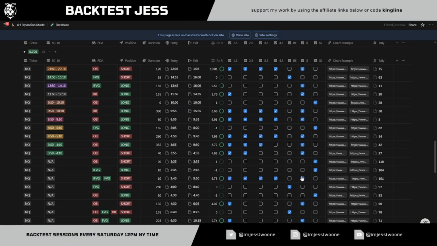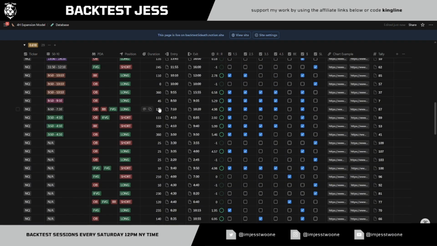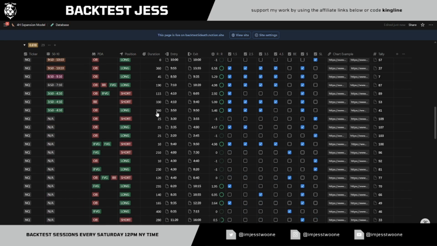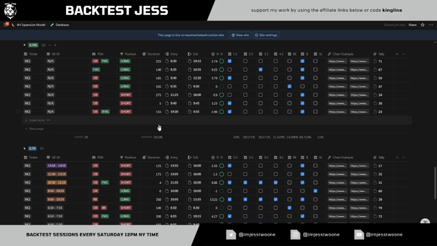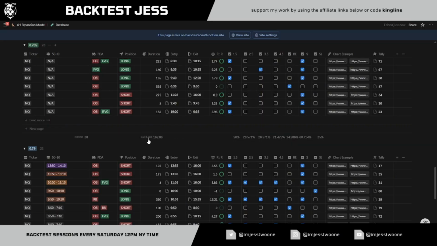It is the highest win rate so far. Let me see if we have an average duration coupled with that. 160, 156, 160, 120. Okay, so all the trades are roughly lasting 2.5 hours. My math sucks, but yeah, 2.5 hours, roughly.